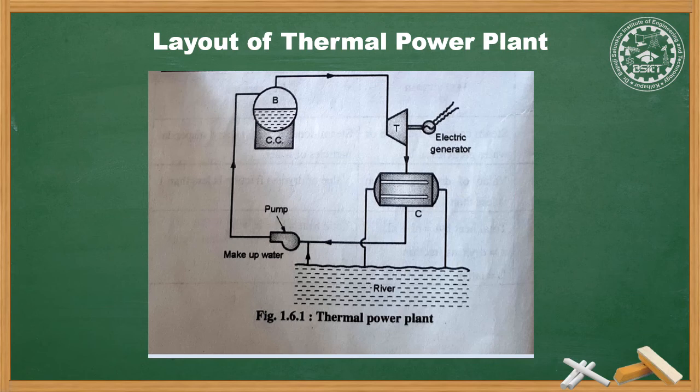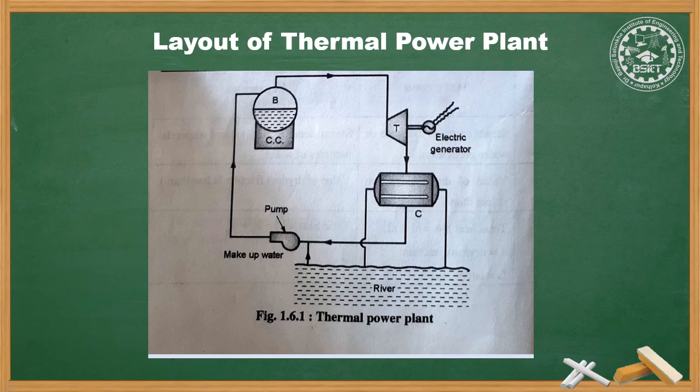And last is the condenser. The condenser is the device that condenses the steam, converts it again into water and sends it back to the boiler. And the pump is the device that is used to supply the water to the boiler.